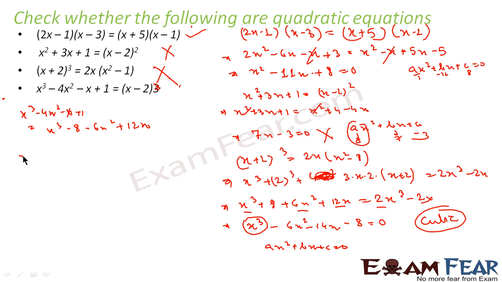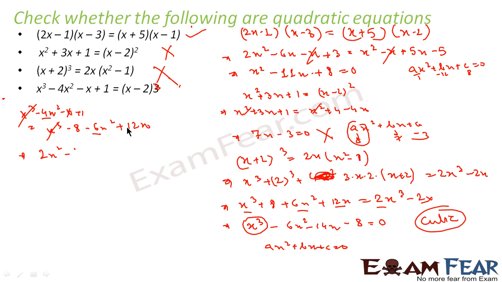Let me equate this. x cube cancels. Minus 6x square and plus 4x square, if you take this side, this becomes 6x square. 6x square minus 4x square is 2x square. This part is done.